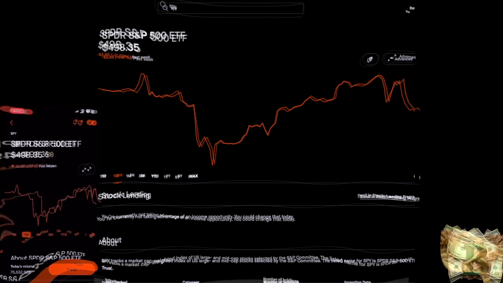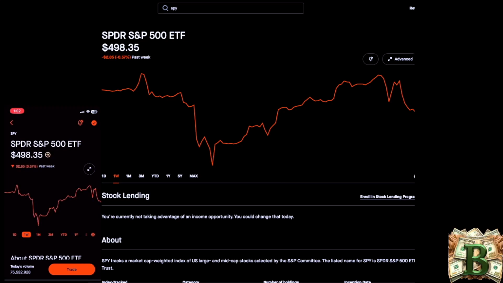On my screen right now, I'm doing the same thing that I did last time. I have the desktop version of Robinhood up. We're going to focus on SPY today just to make it easier, because everybody knows SPY, the S&P 500 ETF. And then I have my phone screen right there as well.